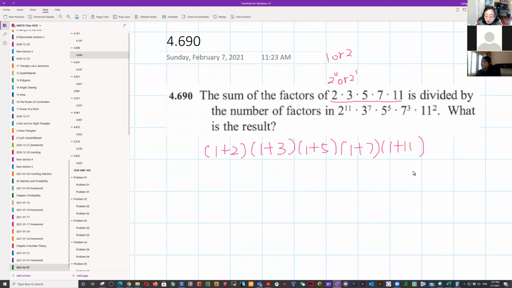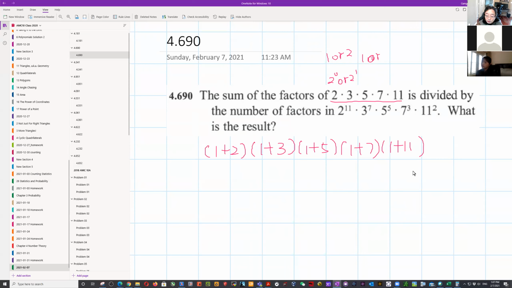And then for 3, we can pick 1 or 3. Because the whole product is the original number.